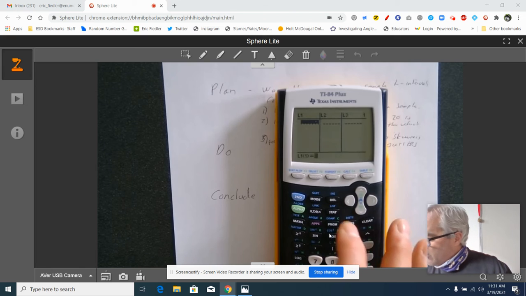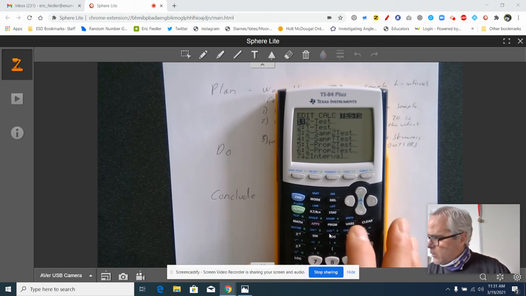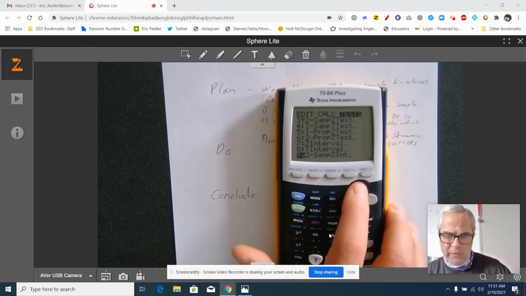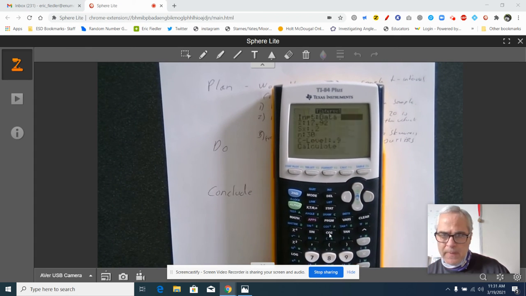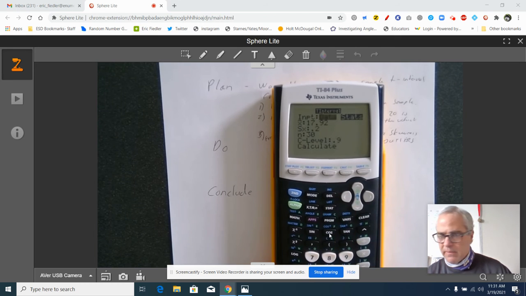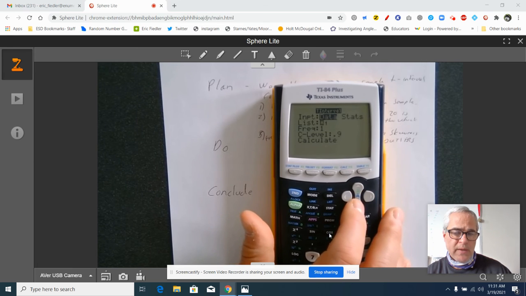Then you go stat, then over to test, and down to T interval. There it is right there. I went right on by. Now here's the deal. It says up there data or stats. You've got data to enter in, so you'd click on that one. Since mine won't do anything because I don't have anything entered in list one, you would have stuff entered in list one.